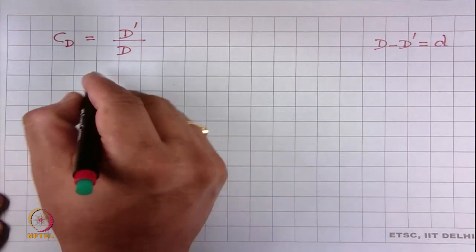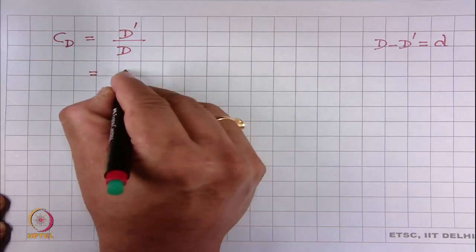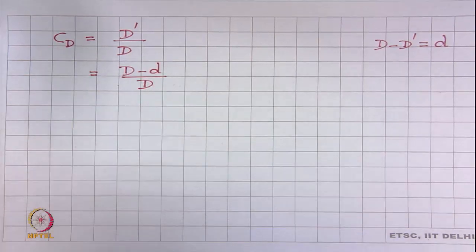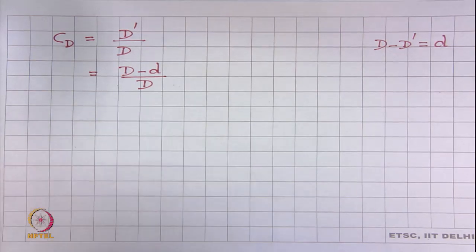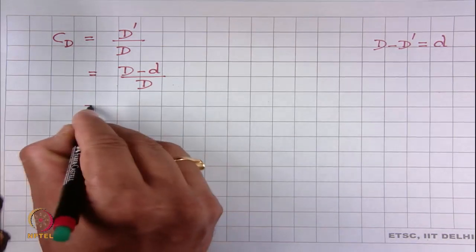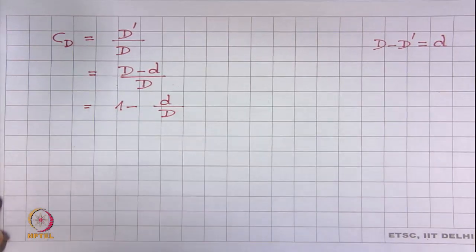So, we can write D prime is equal to capital D minus small d, by capital D. See, all are measurable quantities. Capital D, yarn diameter, is possible to measure; small d is fiber diameter, also possible to measure. So, then we can write this is equal to 1 minus small d by capital D.